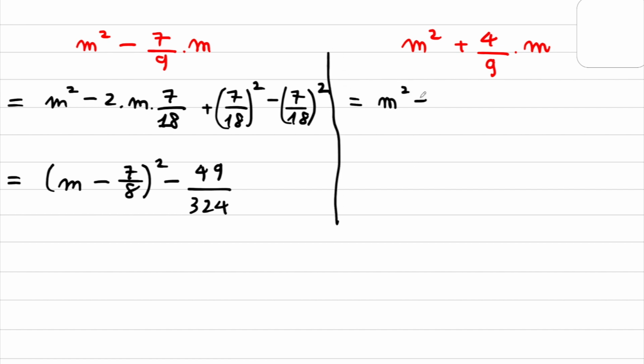The same thing with the next question. m squared plus 2m, and here you got 4 over 18.